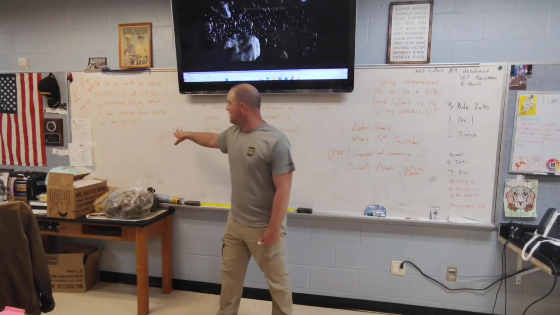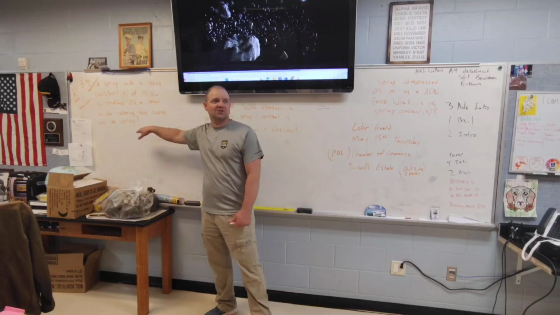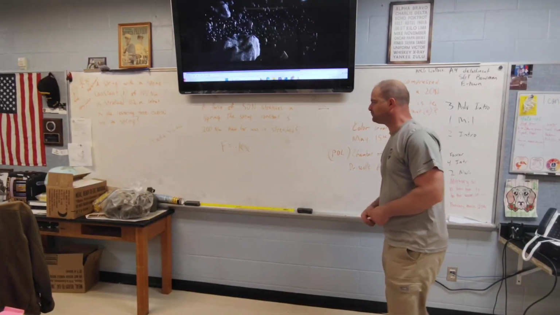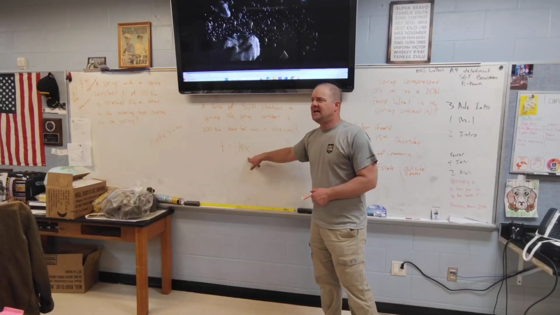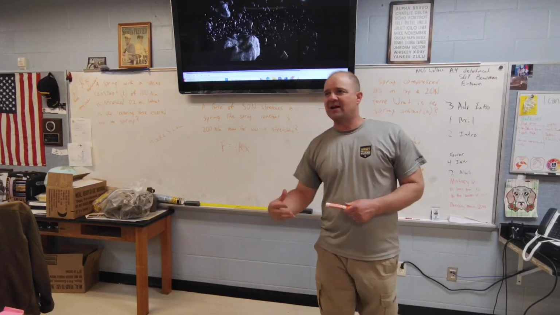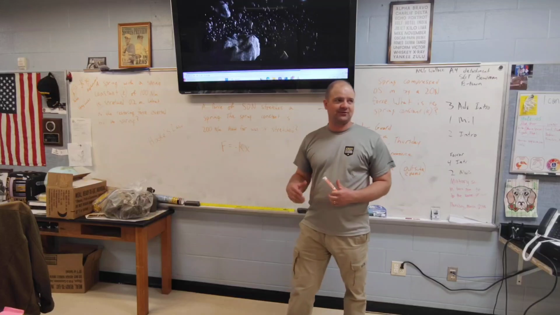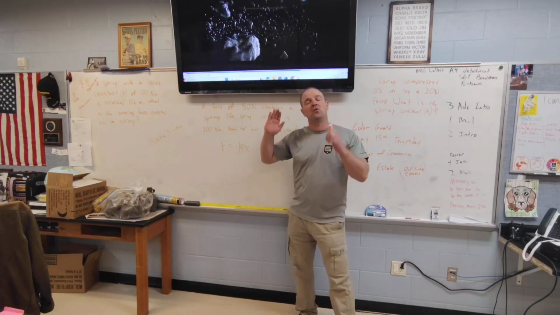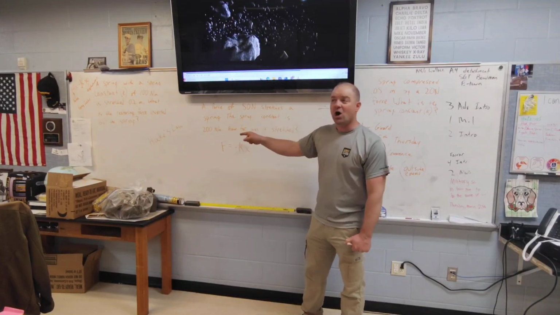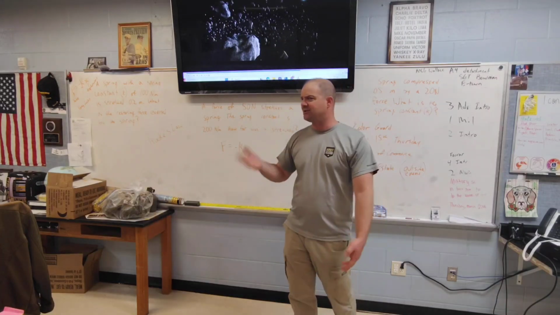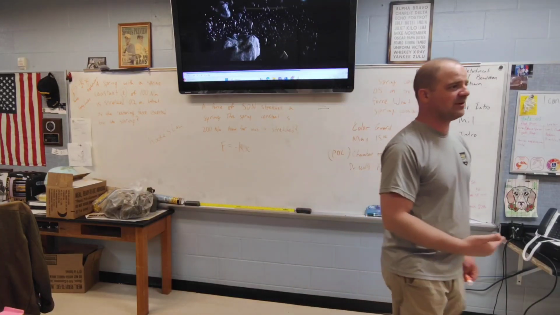The restoring force that the spring provides is the reaction force, so it's negative. And then x is how far that spring is either stretched or compressed. So that's displacement. Guys, don't blame me. Blame Hooke for using an x for displacement instead of a letter d like we have in some of our other formulas. Does that make sense?